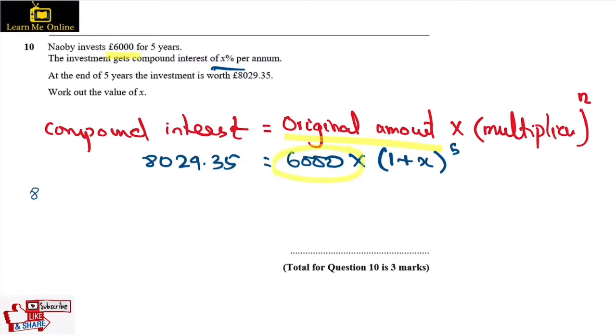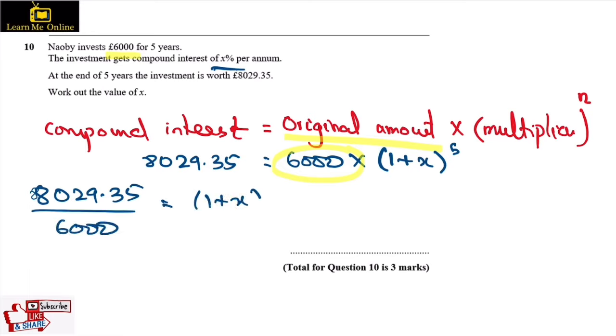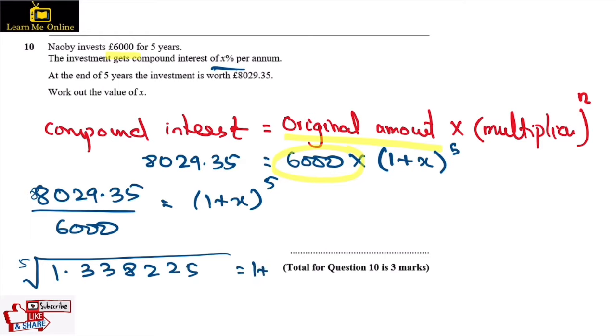So simply we're going to write down 8029.35 divided by 6,000 equals 1 plus x to the power of 5. You divide them together and then you take the fifth root. So the 5 on the other side would be the root 5. Whatever answer you get from here would be 1.338225, and that would equal 1 plus x.